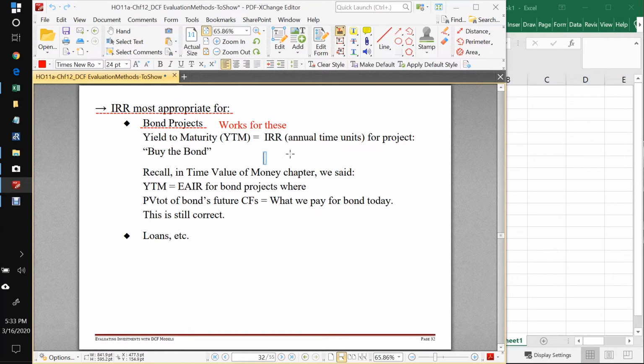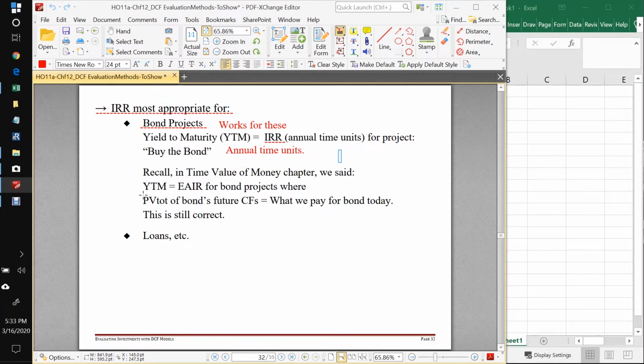Okay, so for a bond project, the yield to maturity now is equal to the IRR. So the yield to maturity is the IRR when, I should say here, we use annual time units. So now we have another way to get the yield to maturity for a bond project. We just get the IRR and that's it.